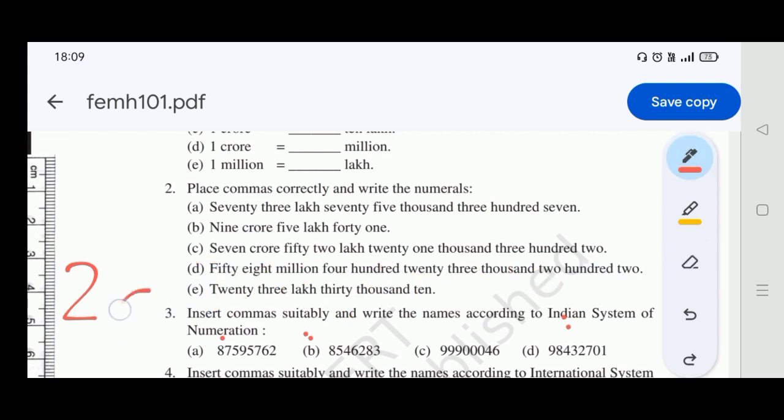Moving on to the C part, it is 7 crore 52 lakhs 21,302.